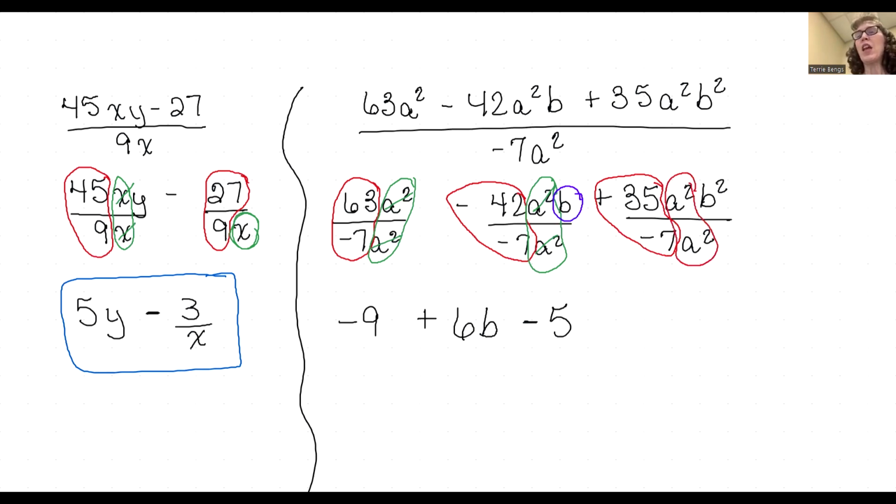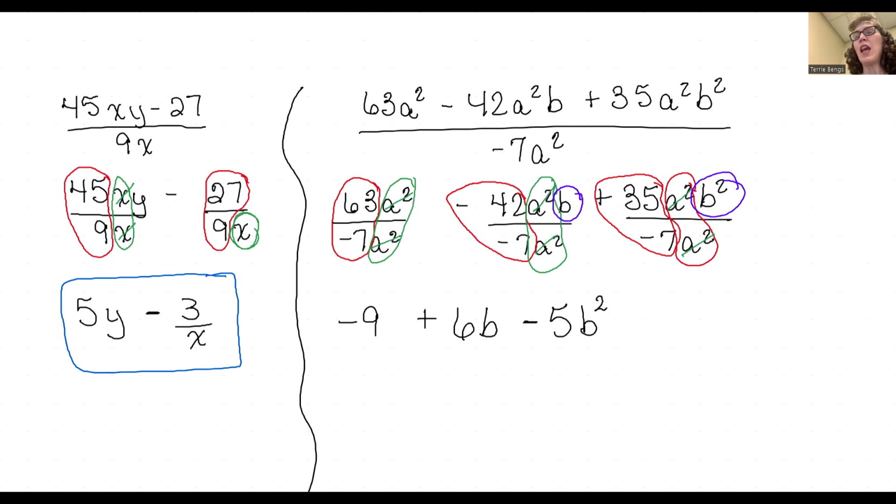Because they are the exact same on the top and the bottom, they can just cancel out. Then we look at the variable that's left. We have a b squared, but there's nothing on the bottom to cancel it or subtract from it, so we're just going to bring that b squared straight down. Again, it's on the top, so it will stay on the top.